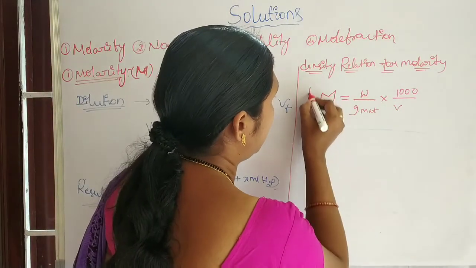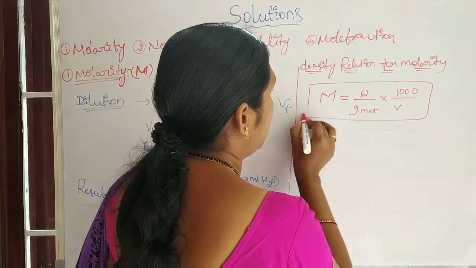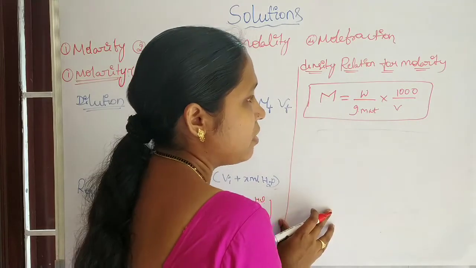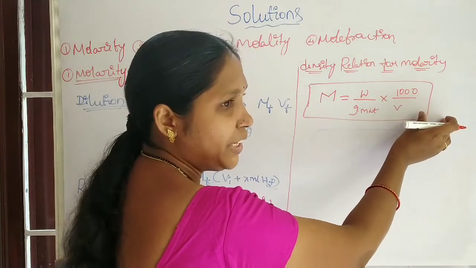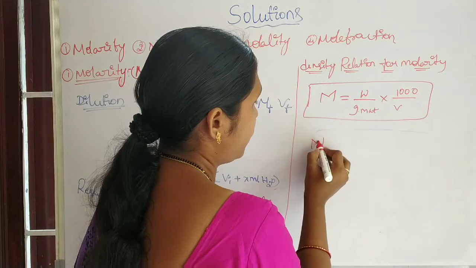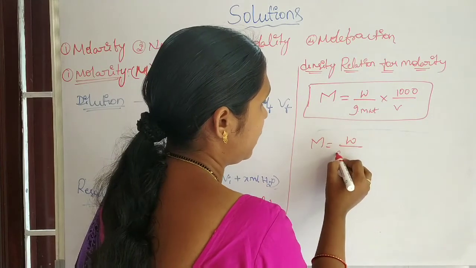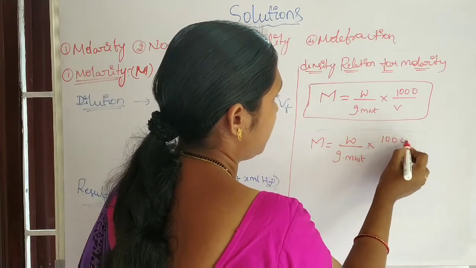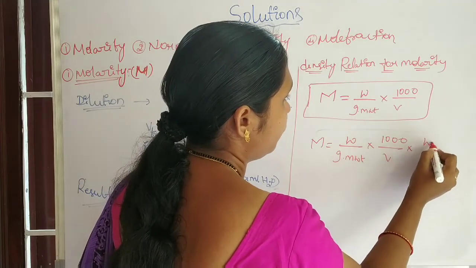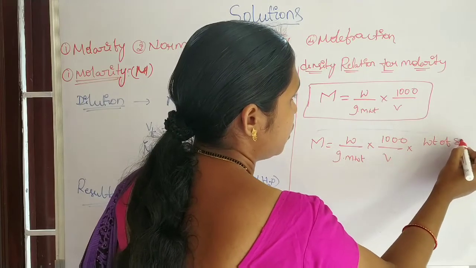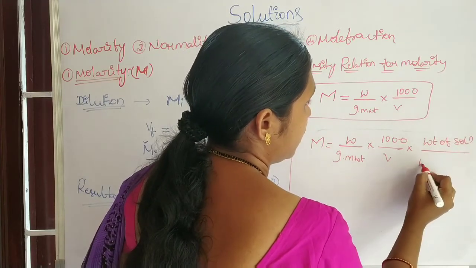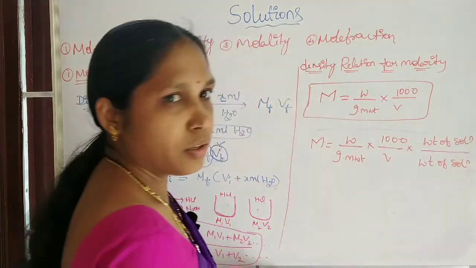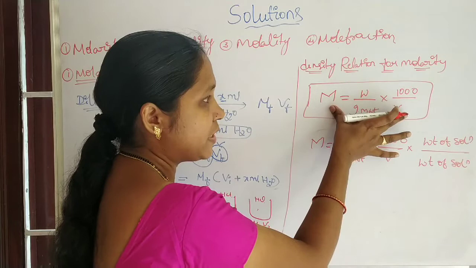Take our equation first, and multiply and divide the right side by the weight of the solution. Weight divided by gram molecular weight, into 1000 divided by V, into weight of solution divided by weight of solution. Both cancel, the value is the same.